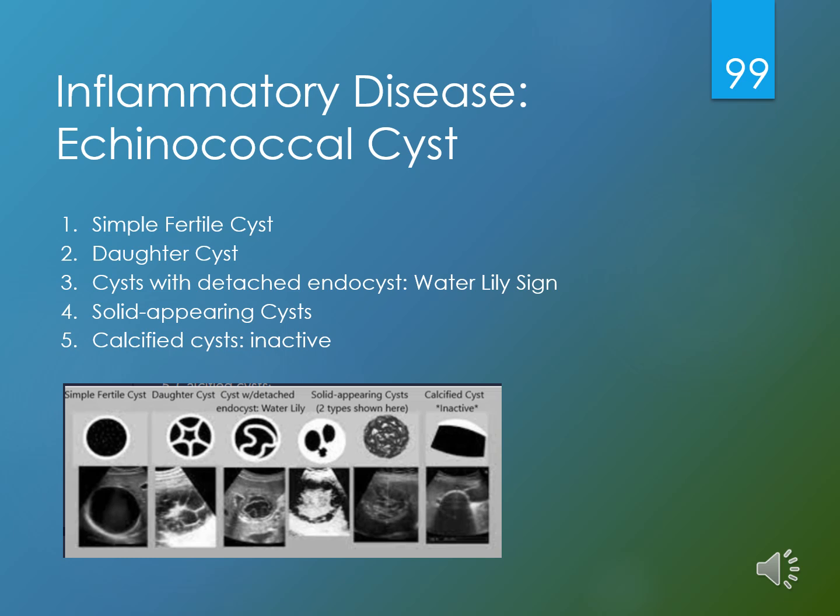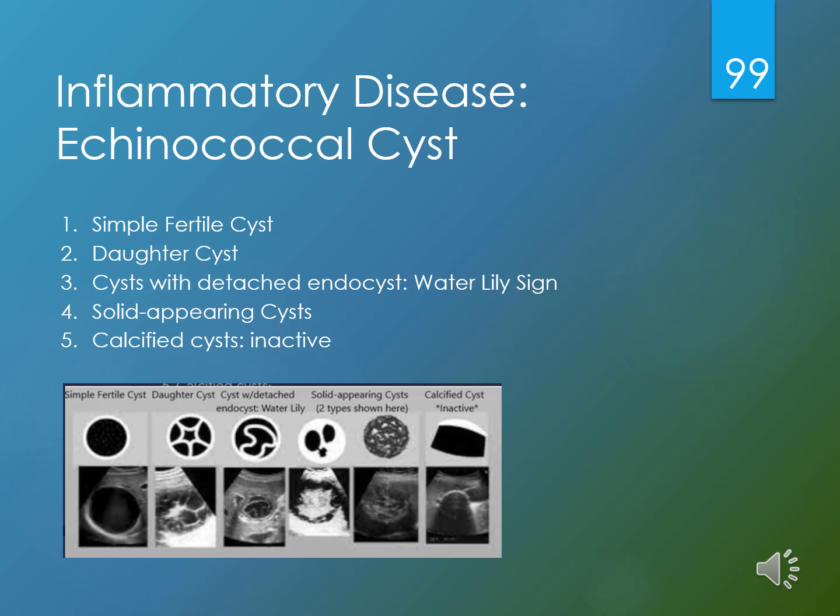I have a strange little mnemonic for you. Hopefully it helps you remember these because you'll need to know these in order. So 1, there's a simple fertile lady. 2, she has a daughter. 3, she becomes detached from reality and decides to go get a water lily sign. 4, she gets her life back together and now she's solid and sound. 5, but then she dies and her calcified bony skeleton is now inactive.